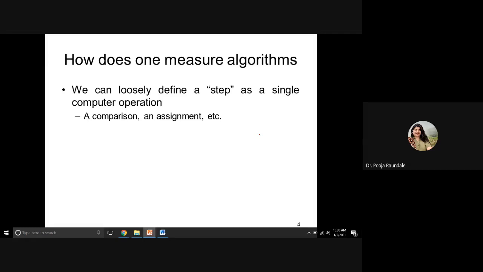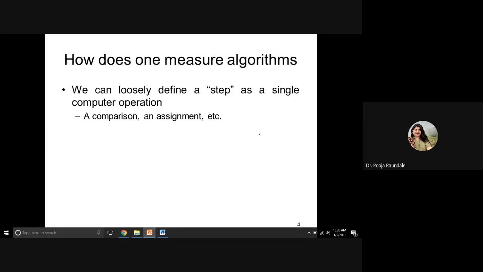Same way, to compare algorithms, or whenever we want to comment on efficiency, it has to be on similar ground. So we need not look at which computer it is running on. We are not considering the time taken by the computer or how a machine converts into machine instructions. But we will consider the algorithm itself.